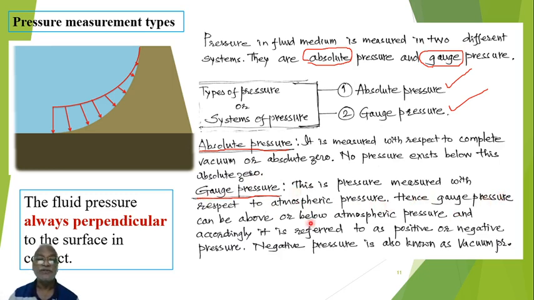Hence gauge pressure can be above or below atmospheric pressure, and accordingly it is referred to as positive or negative. If the pressure is more than atmospheric pressure, it is positive pressure, and if it is below, it is negative pressure. Negative pressure is also known as vacuum pressure.